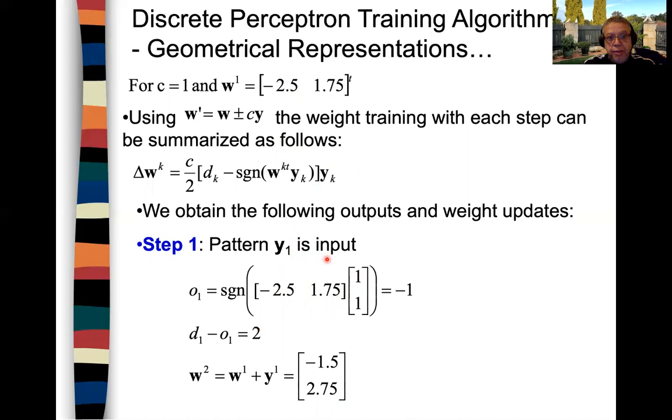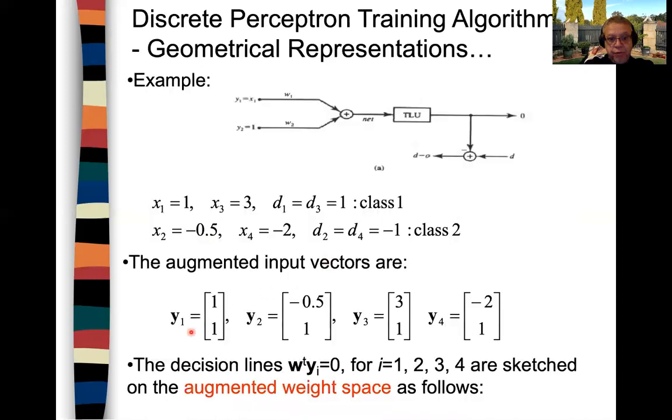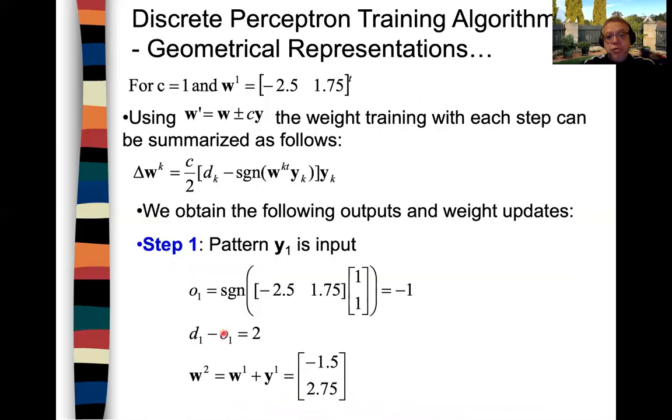And we've seen that the input pattern in this case for Y1 is [1, 1]. So if I do this, meaning minus 2.5 plus 1.75, you look at the sign and you see that it's negative. So your output O1 would be minus 1.